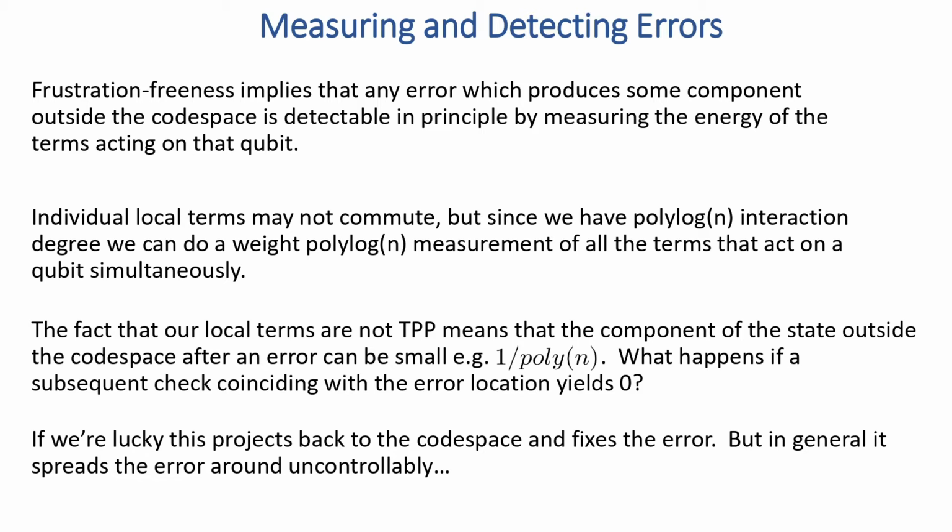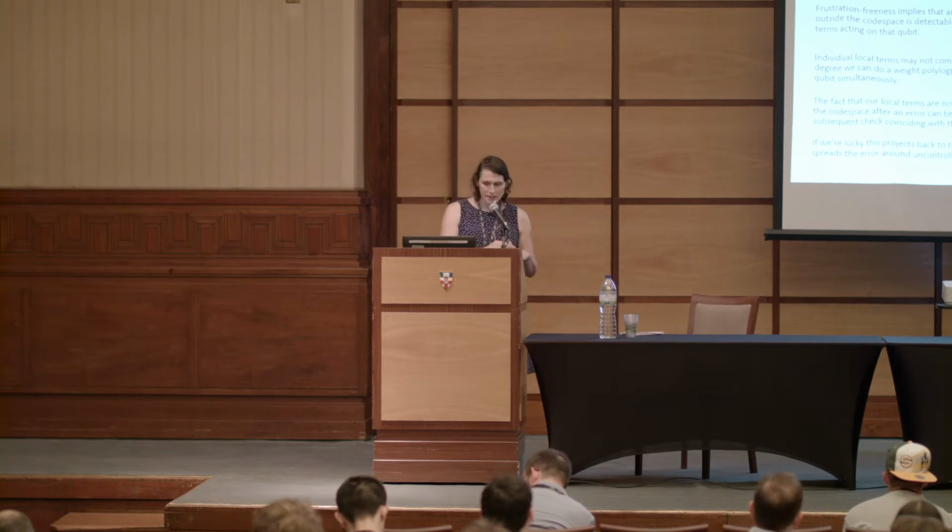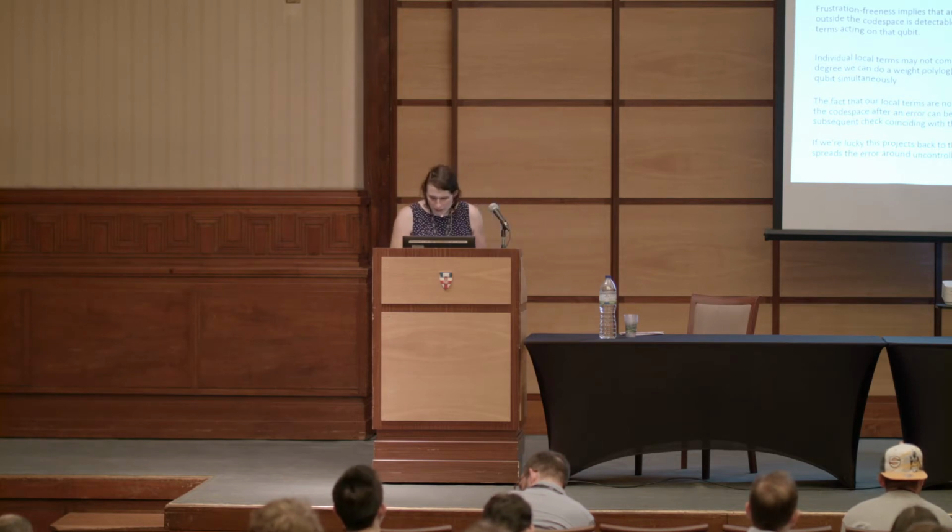So imagine that you only have this inverse polynomial probability, this inverse polynomial expectation value, with respect to these local terms. Then when you measure it, you might actually just get 0, right? Even though there was some small energy there. Now, if you're lucky, getting that 0 projects you back into the code space and fixes the error. But in general, it's going to start spreading around the error uncontrollably.